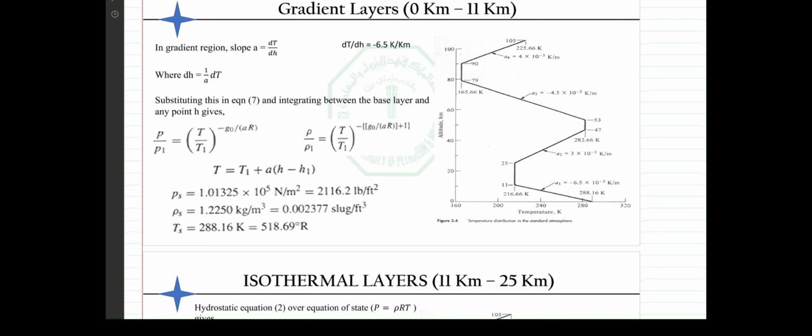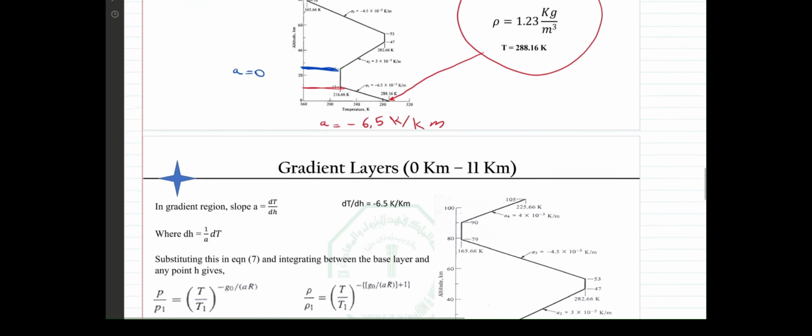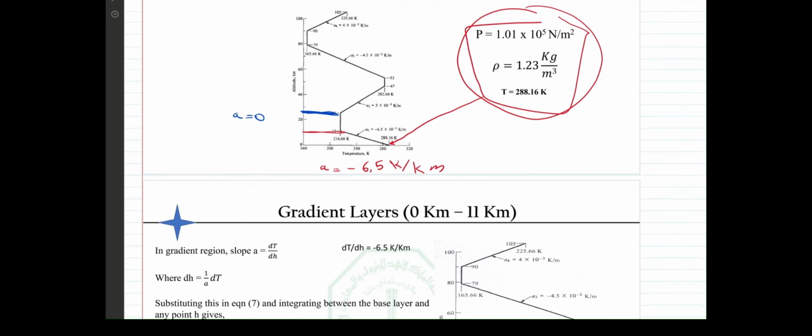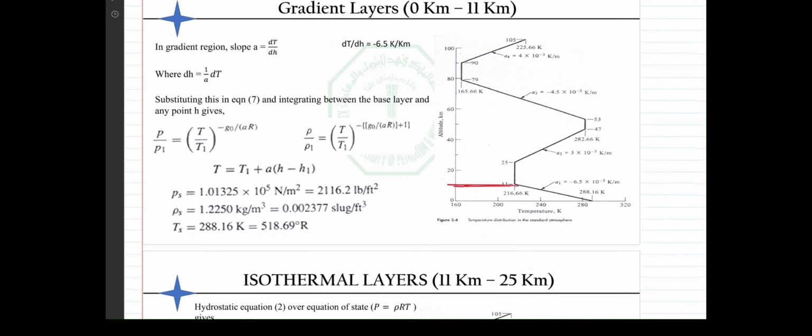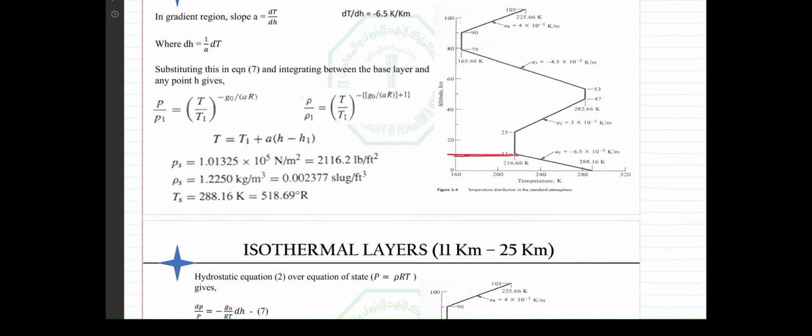But first, let's discuss these equations. In the first 11 kilometers range, we are going to use these equations, where rho 1, P1, and T1 are the values of the standard conditions. Either we are given the pressure and want to find the temperature, or the opposite, and we also have the pressure, density and temperature. As we've discussed before, if we are given one, we find the other.